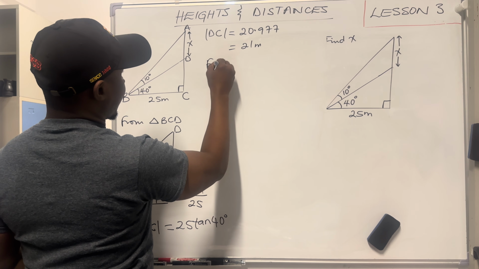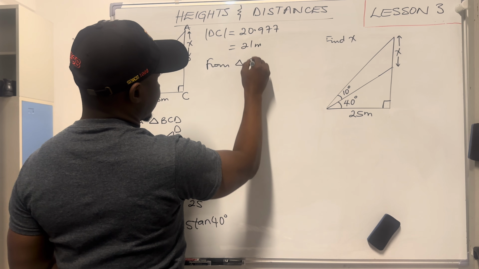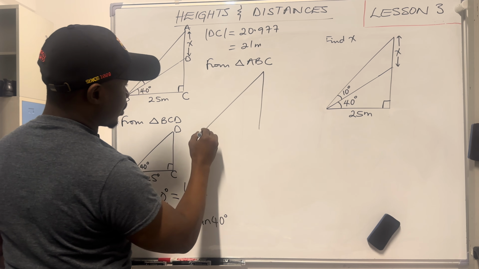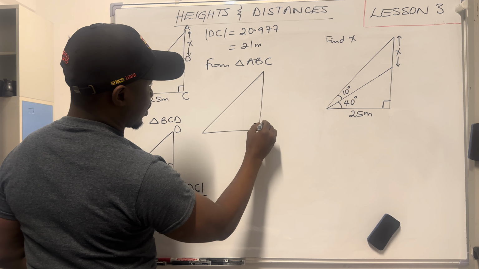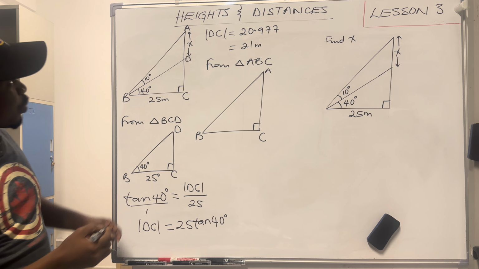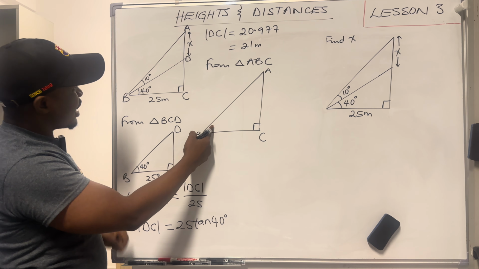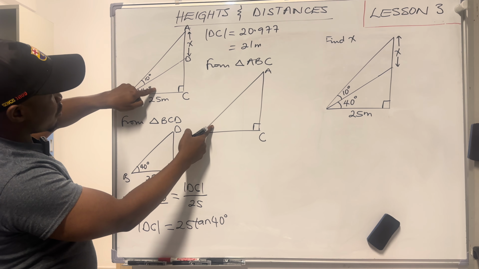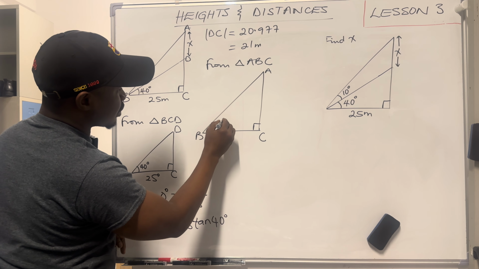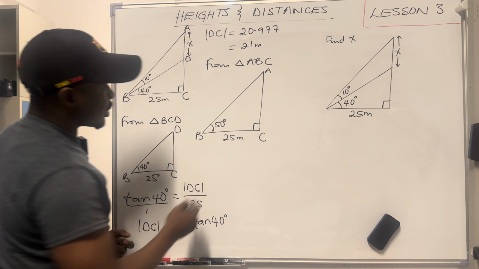So we say from triangle ABC, and that ABC is this one. Here is C, here is A, here is B. Now that we are considering the bigger triangle, which angle do you think we have here? Is it 10? No. Is it 40? No. We need to combine this to give us 50. And here is 25 meters.